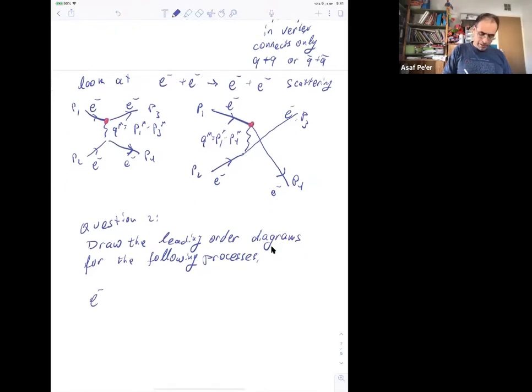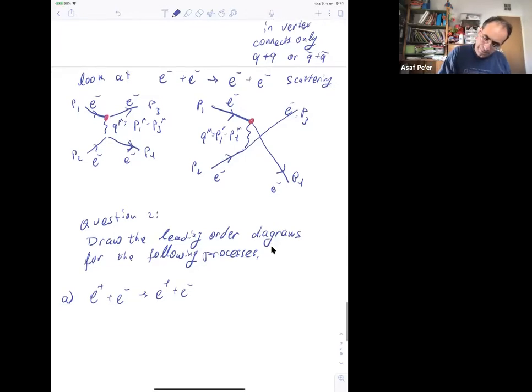If we have e+ e- goes to e+ e-, how many leading order diagrams do we have for that? How many leading order diagrams are there for this process?